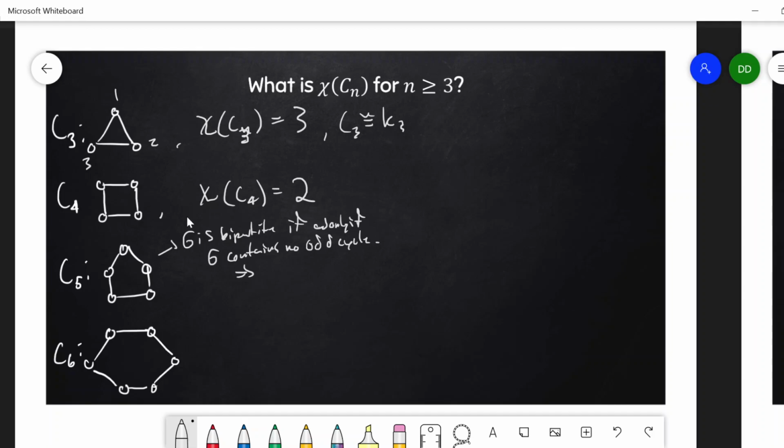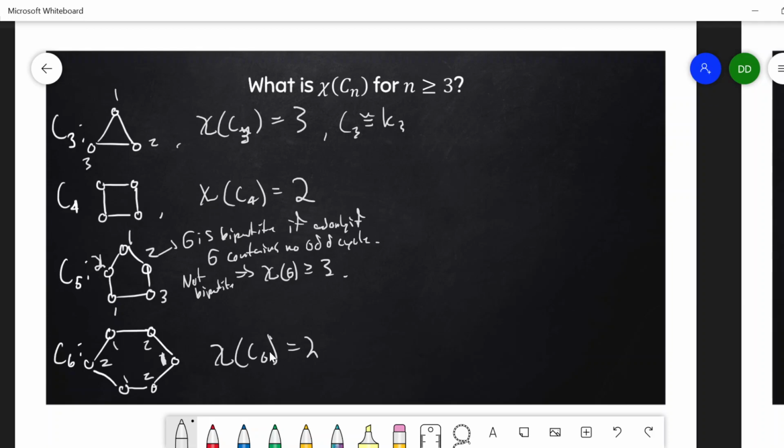If a graph is not bipartite, that means the chromatic number of G is at least three. So this one is going to take three colors: 1, 2, 3, 1, 2. And now C6, again that one's bipartite, so we can color that with two colors: 1, 2, 1, 2, 1, 2, and I'll get to the very end.